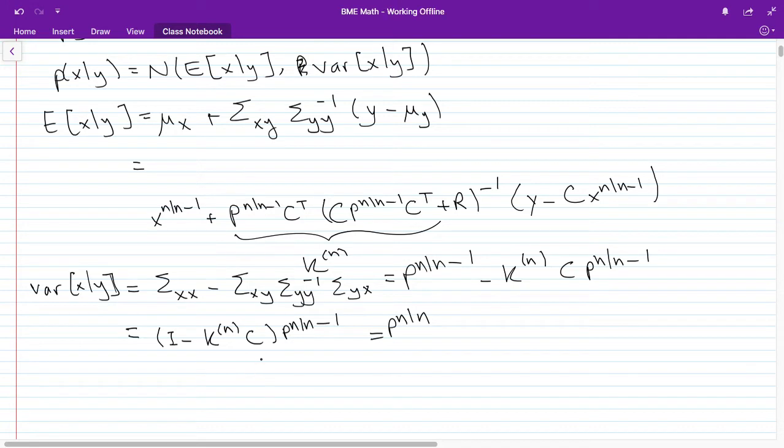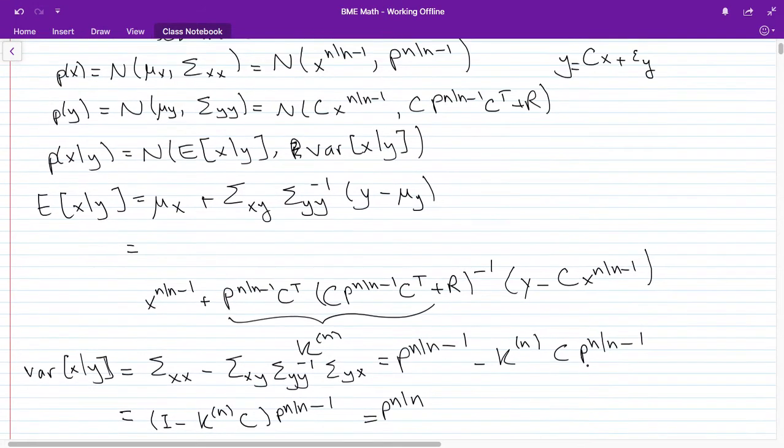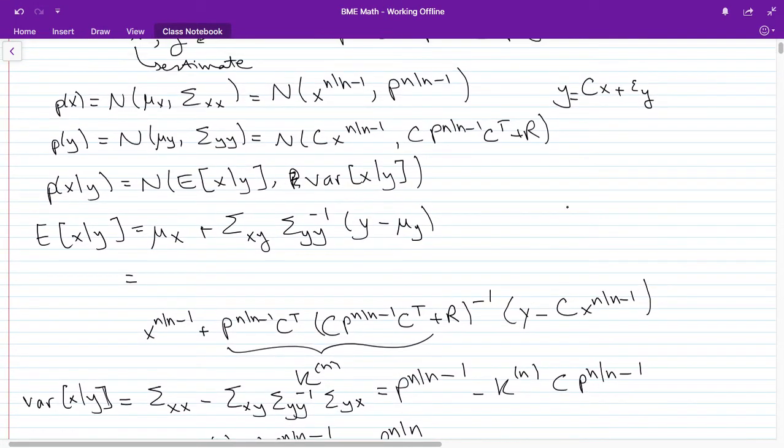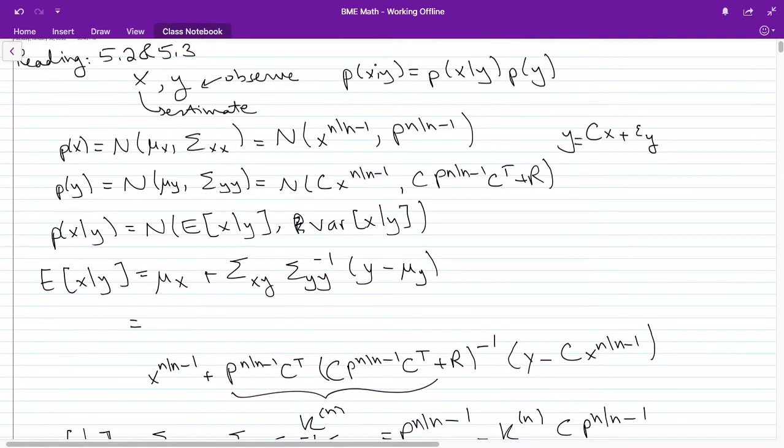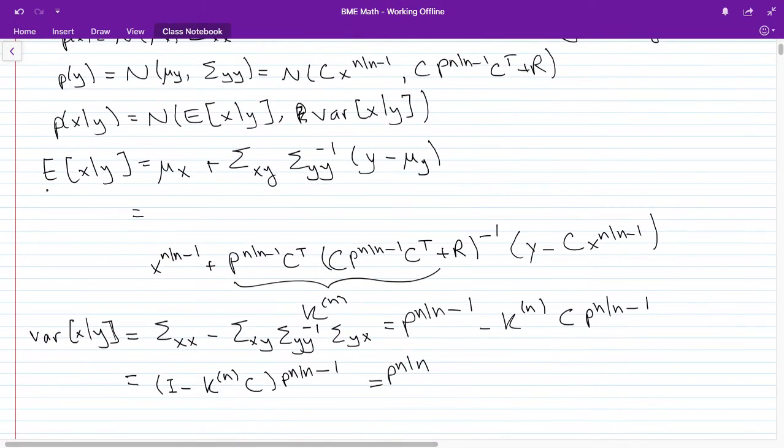So what I have is a factorization of the joint probability distribution, so that my conditional probability has a mean that is indeed the update of our prior to become the posterior, so we call this the posterior estimate of x, and it has this variance.